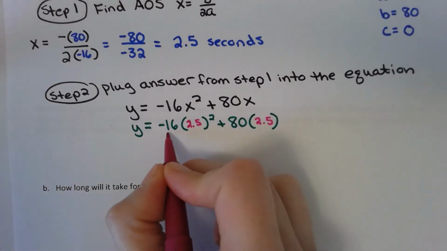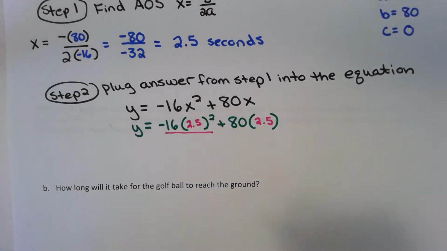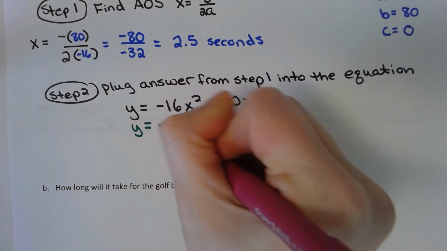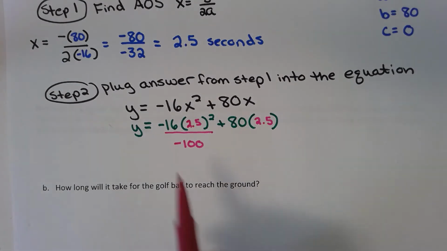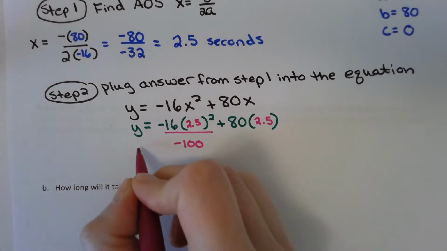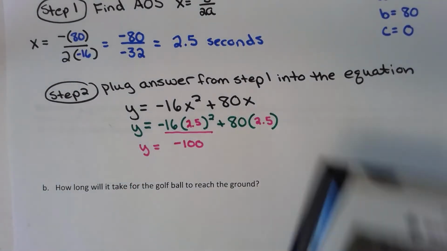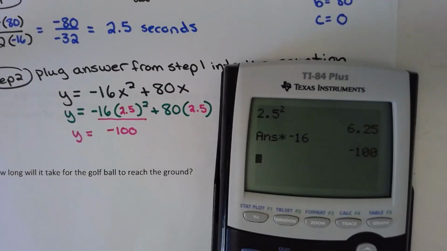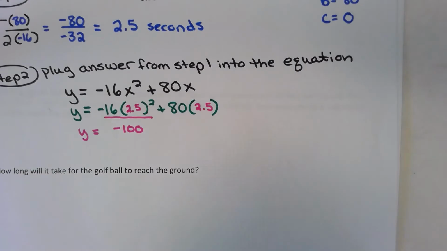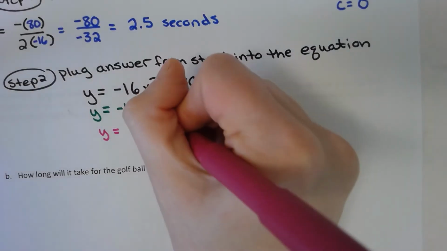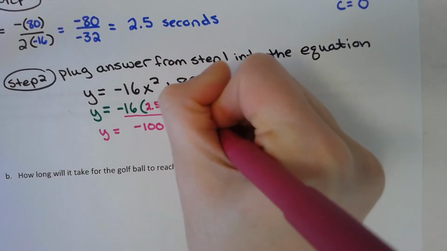So what I did is I multiplied all of that together, and I got negative 100. Now, if you are lucky enough to have one of the calculators, you can just type that in and see what it is. Okay, on the other side, I've got a positive 80 times 2.5, which gives me 200. And since it is positive 200, I need to put plus 200 right here.